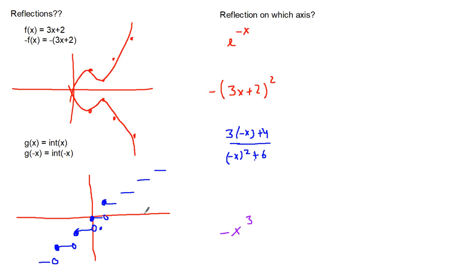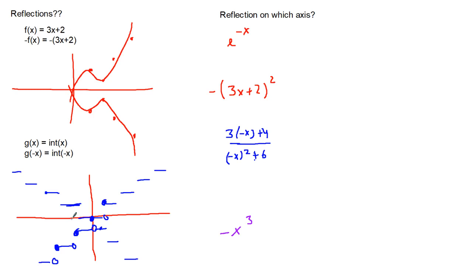It's negative 4. So negative 3.2, negative 4 is about right here. What if we put negative 2.8? The greatest integer is negative 3. Then you'll get this type of graph right here. What does this look like? It looks like an x, obviously, but what does it look like? It's a reflection on the y-axis.